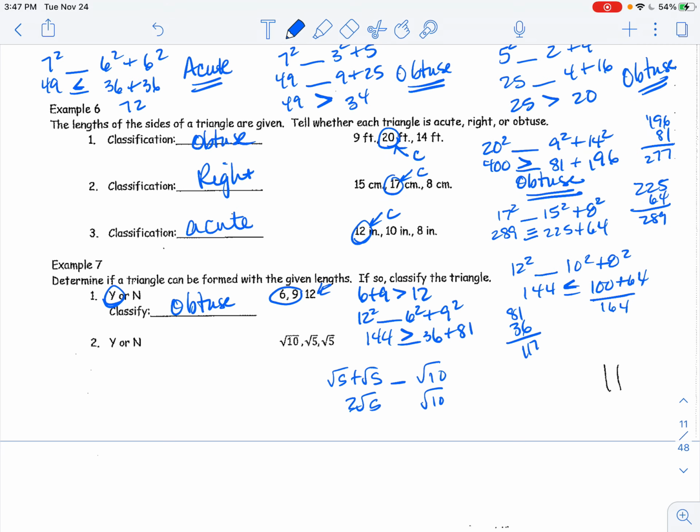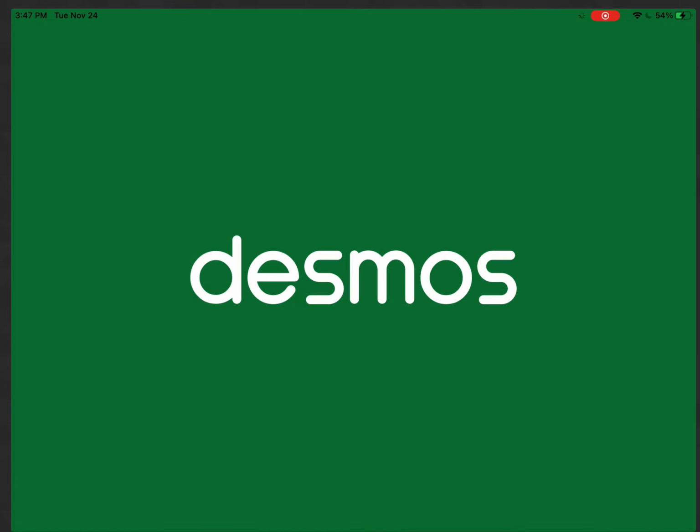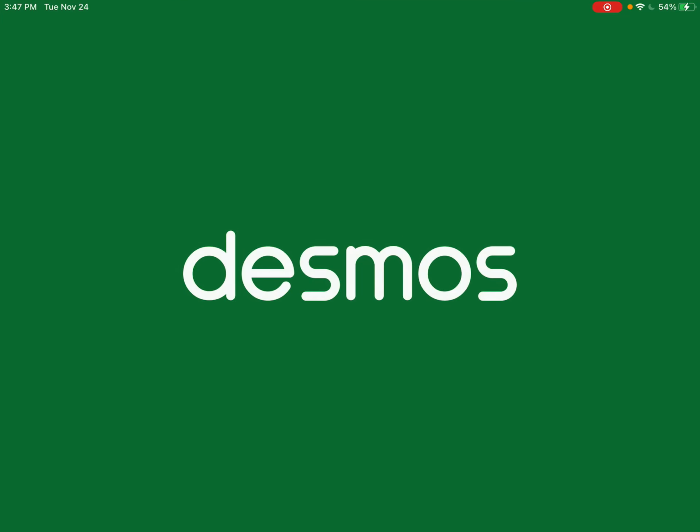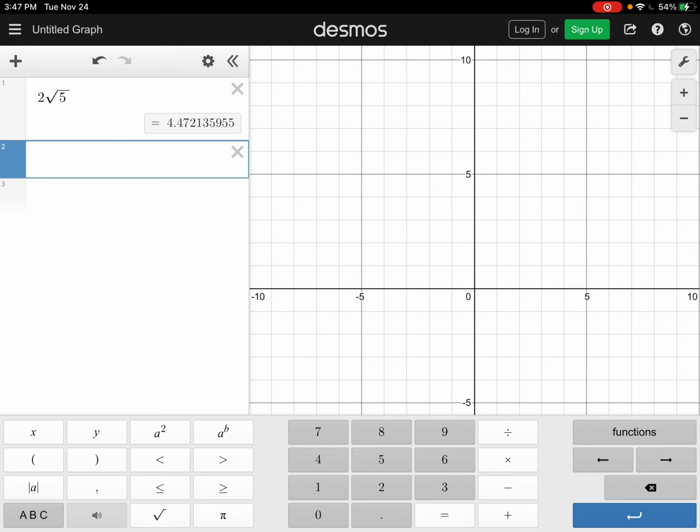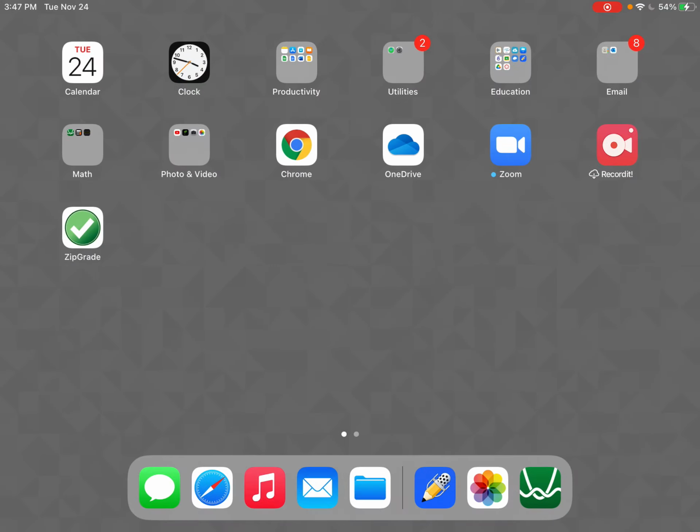I'm going to go to my Desmos and get a decimal so that I can compare these. 2 square root of 5 is 4.47, and the square root of 10 is 3.16. So we need to make sure that 4.47 is greater than 3.16. And so in this case, yes, we have a triangle.